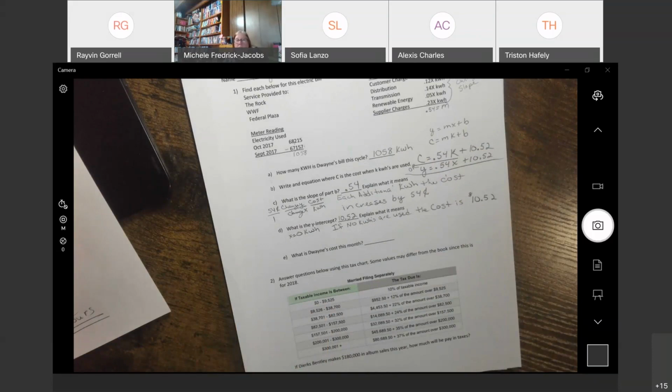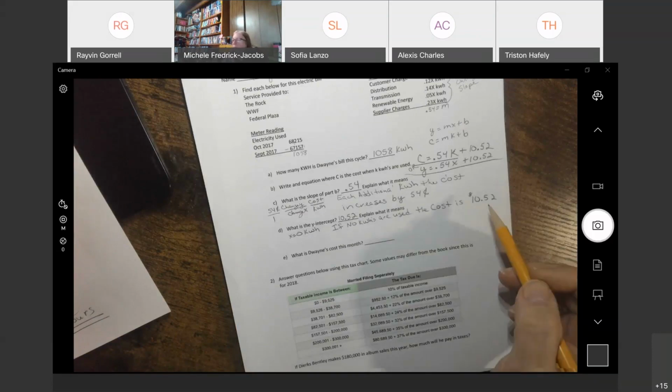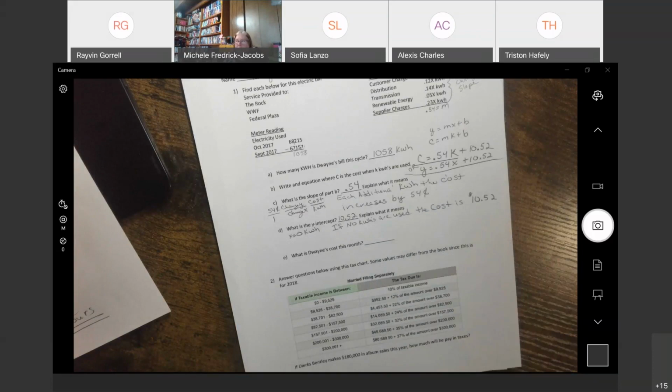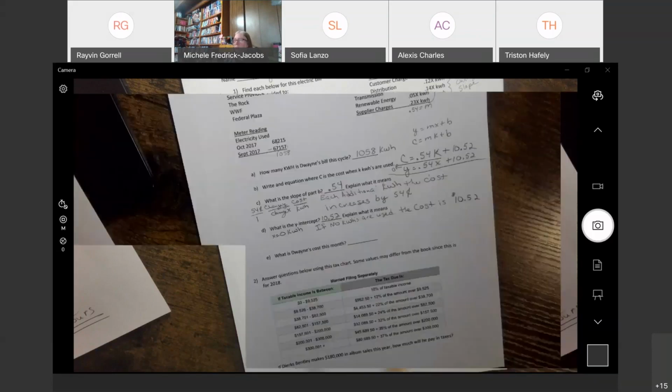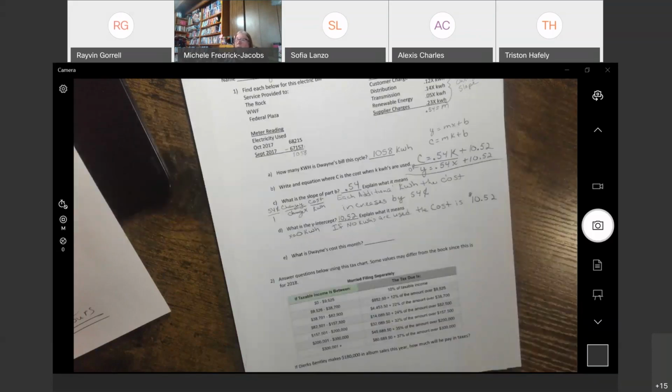To keep that line hooked up, to keep your warranty for your outside wires, you're still going to pay $10.52. So even though you didn't use any electricity, you still have a fixed cost every month of $10.52.